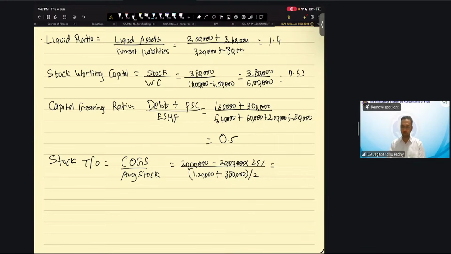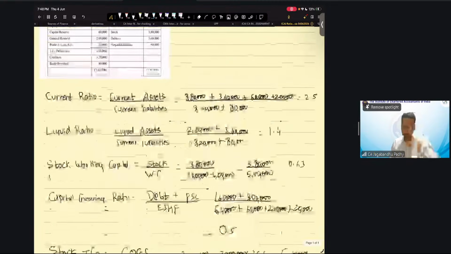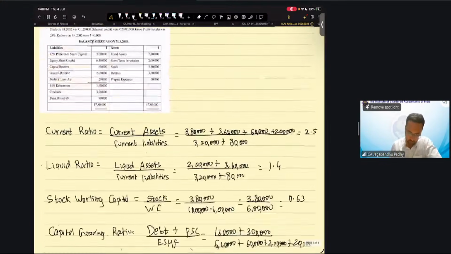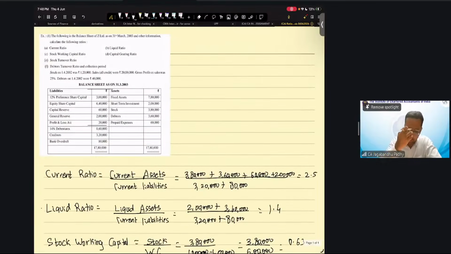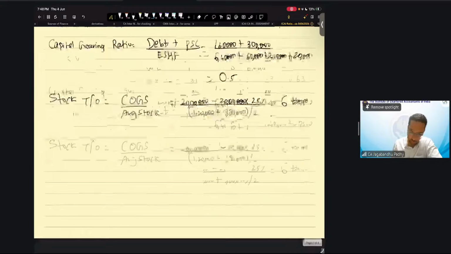So how much is the stock turnover? 6 times. Okay, fine. Stock turnover is 6 times, and then after that you have the debtors turnover ratio and collection period.